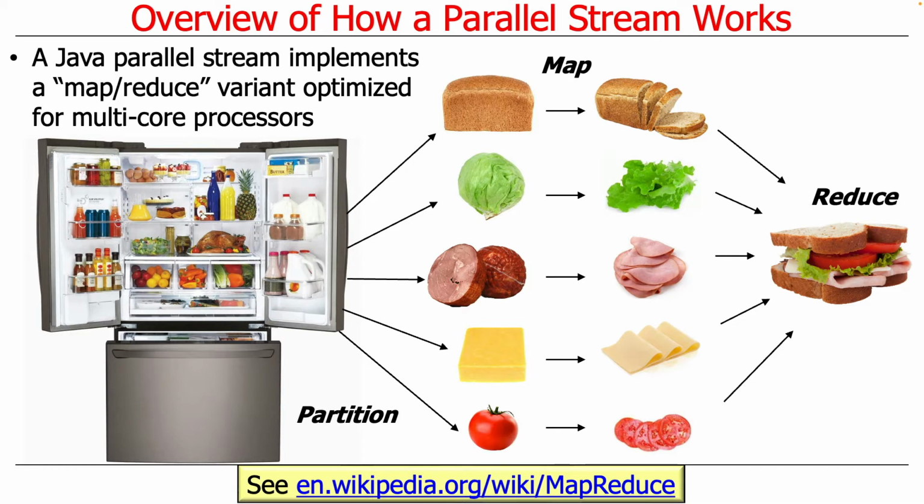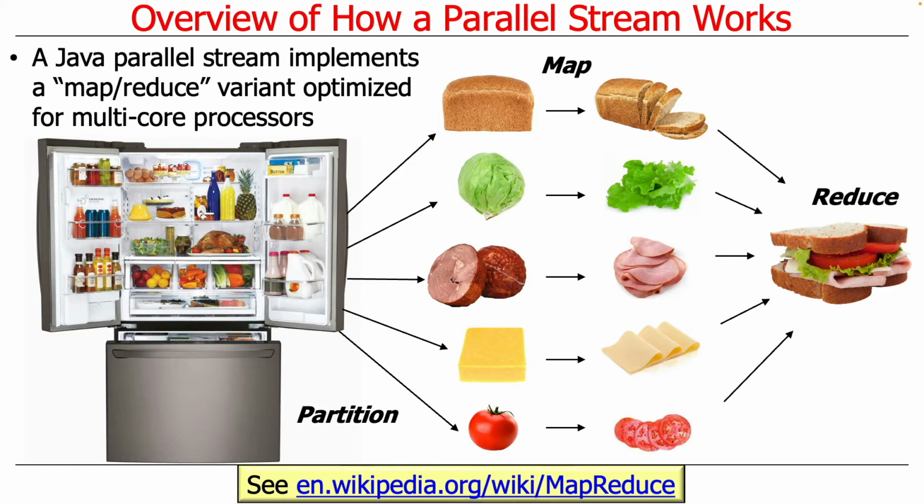So we've got a sliced loaf of bread and torn lettuce and sliced meat and sliced cheese and sliced tomatoes and so on. And then the reduce phase is taking the various elements and making something out of them, in this case a nice tasty sandwich. So that's the way to think about MapReduce. We're partitioning things out and then we're reducing them.